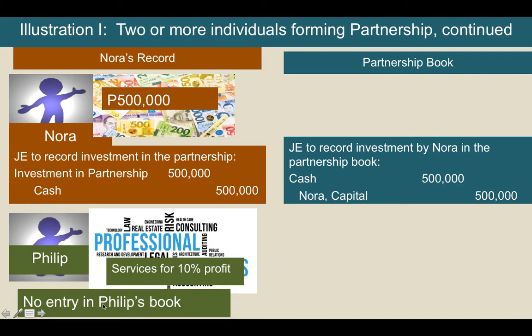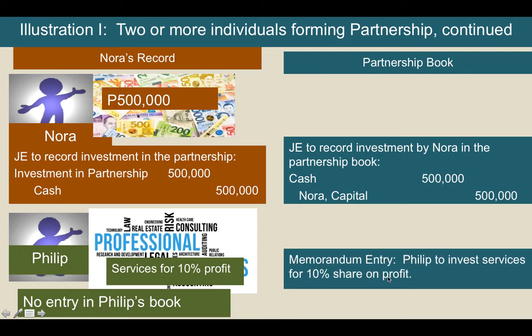And there will be no entry in Philip's book because he has not given anything yet. He will still provide services in the partnership during its operations. So in the partnership book, the contribution of Philip, which is his services, will only be recorded as a memorandum entry, which states that Philip invests services for a 10% share on profit. Okay?